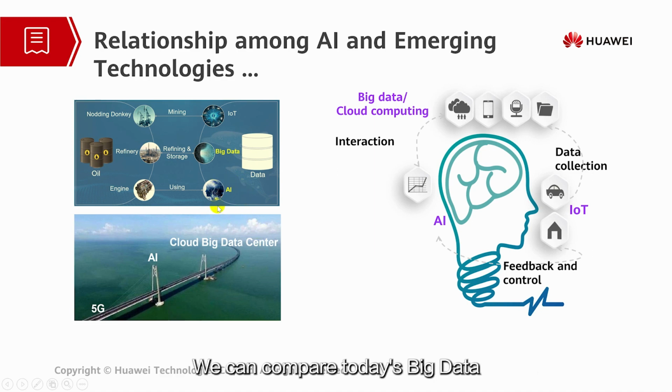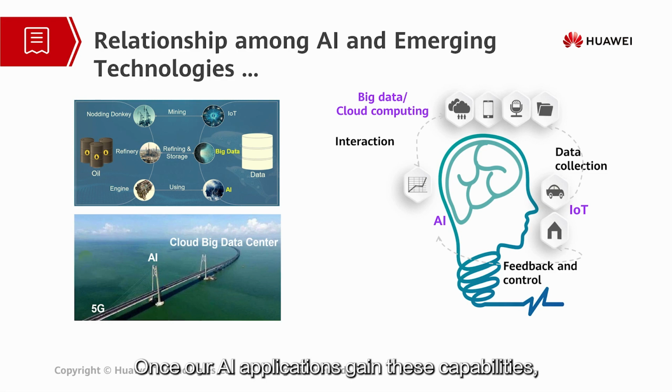We can compare today's big data to last century's oil, AI to a car engine, and IoT devices to a nodding donkey. We need to keep in mind that AI is supposed to solve our problems, automate our work processes, and help us with repetitive manual tasks.